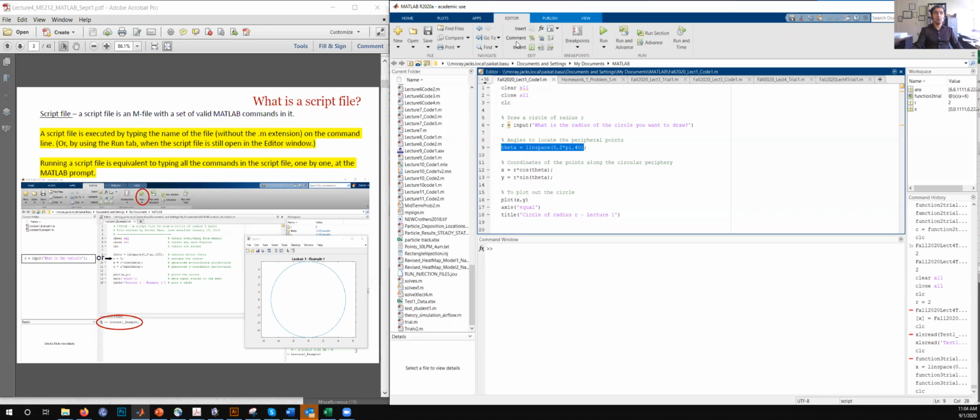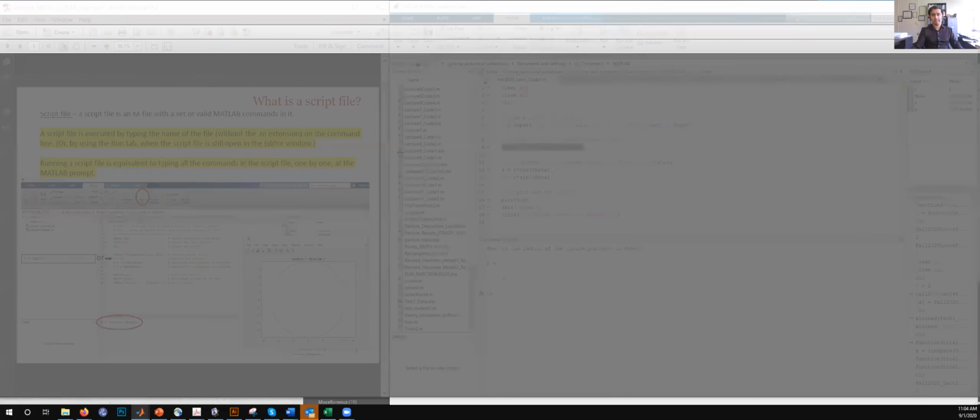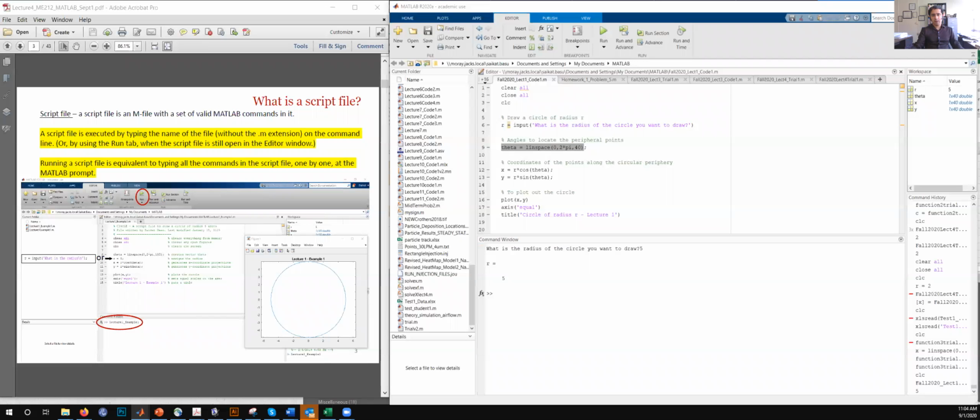As we know by now, we can run it like this by simply using the Run tab. And if I press some value for the circle, it's going to show up as a different sub window in a moment. Anyways, you know what I mean.